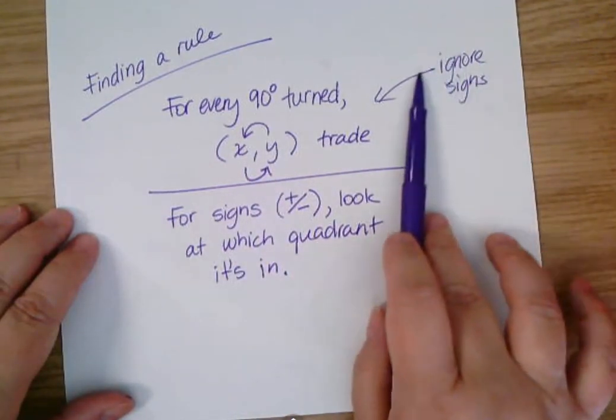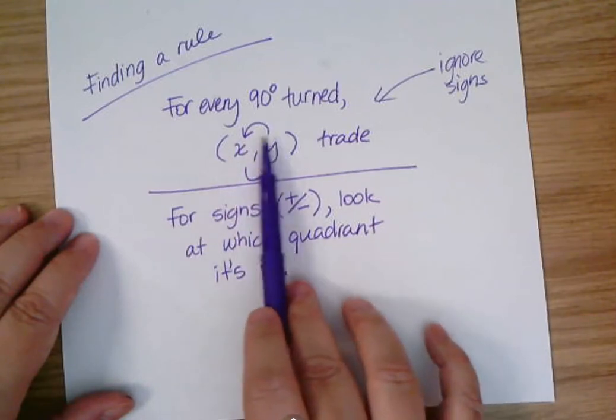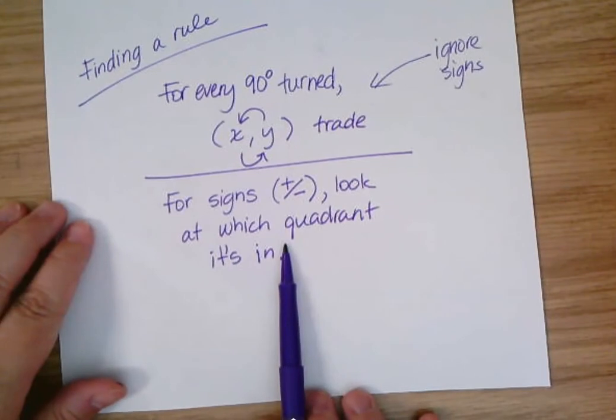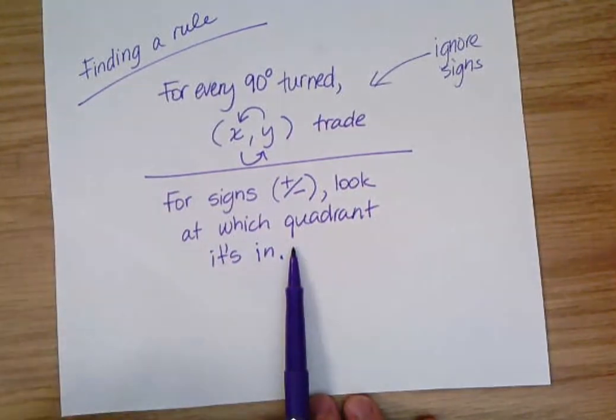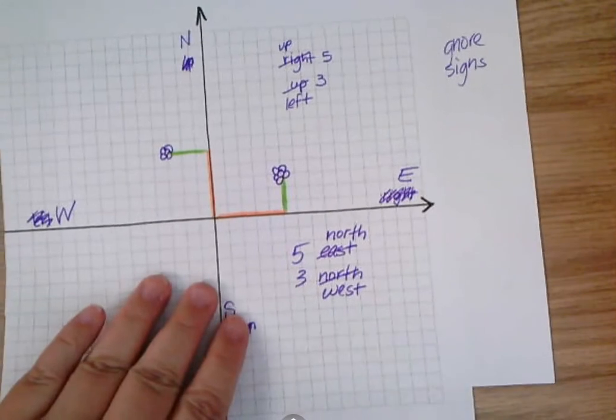This is completely ignoring their signs. It doesn't matter if they're positive or negative right now. You're just looking at the number values and saying, okay, which one's going to be first, which one's going to be second. Then, for the signs, you figure out the signs by figuring out which quadrant it lies in at the end. Okay, let me give you an example for our little flower.